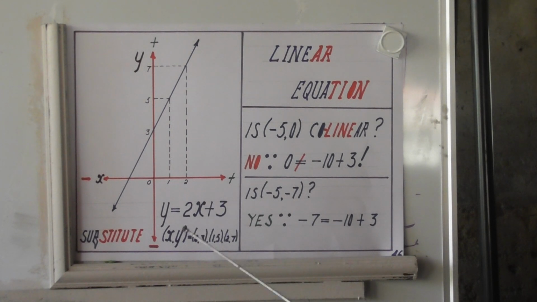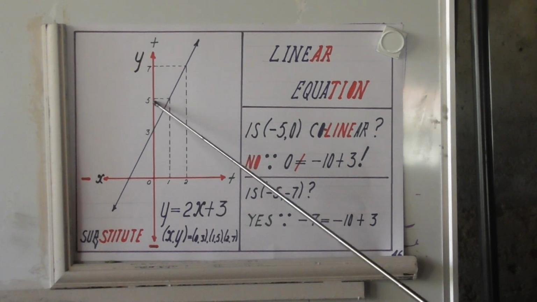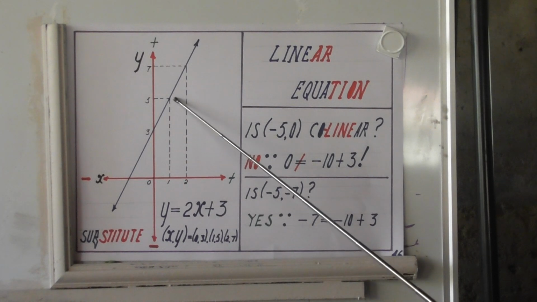Then you say, usually the school tells you, silly, do easy. X is 1. Well, if x is 1, y is 5. It's not difficult. If x is 1, so don't go there, x is 1, y is 5.